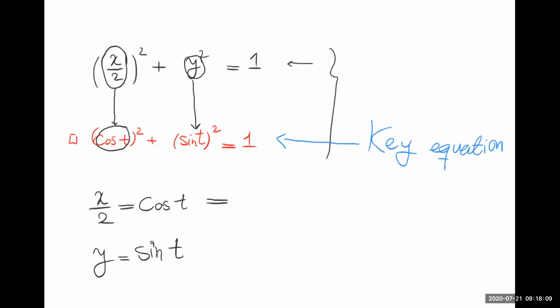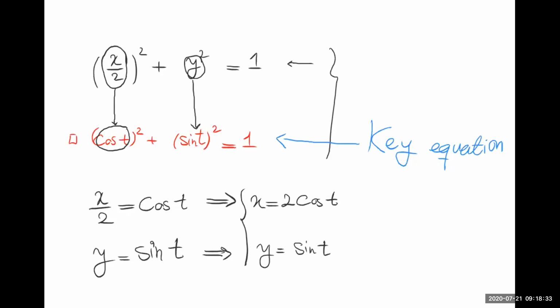If that's the case, x would be 2 cosine of t, and y would be sine of t. That is a parametric equation of this curve, because it tells me what x and what y are at each time t. And that would give me the position of the particle.